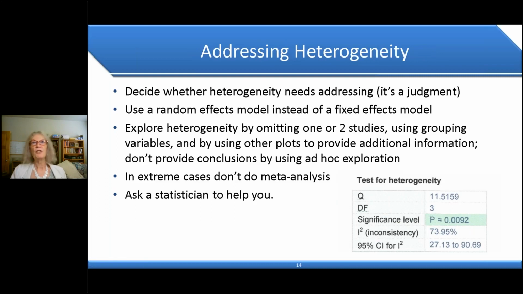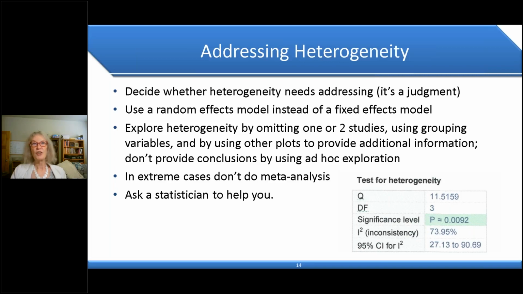If you decide you have significant heterogeneity, one has to use a random effects model instead of a fixed effects. That's one of the most common ways of dealing with it, but at the same time, one also wants to try to understand a little bit how we get heterogeneity in the first place. Remember when I showed you one of those early studies where there was an odd man out? If it had significant weight, that's almost certainly one strategy to find out.